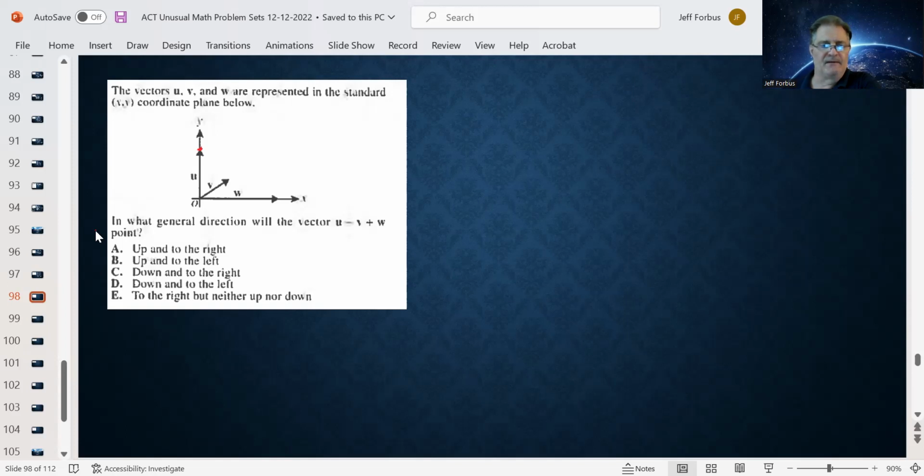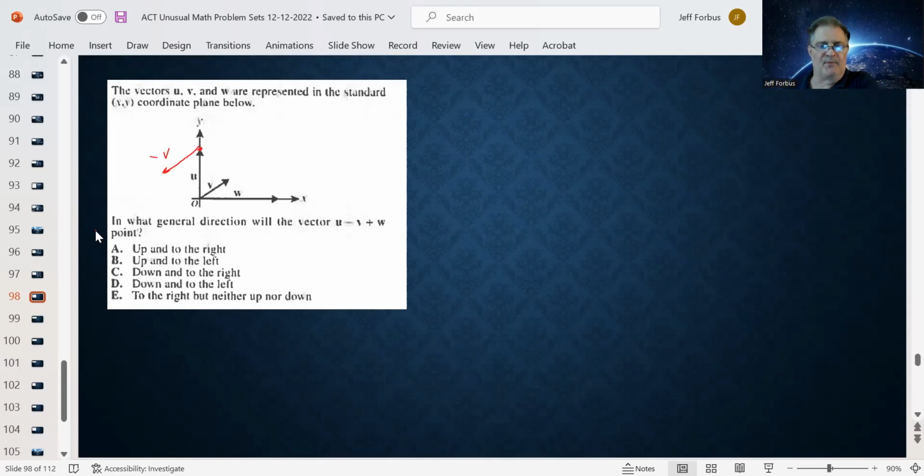Now v, if you look at v, it's going in the positive sloped direction in quadrant 1. So therefore, if we're going to minus v, we're going to go the opposite direction and go negative. So we're going to go down. So there's our minus v.